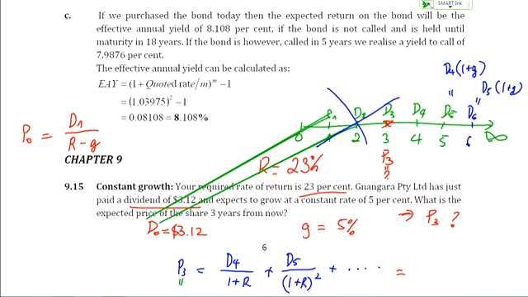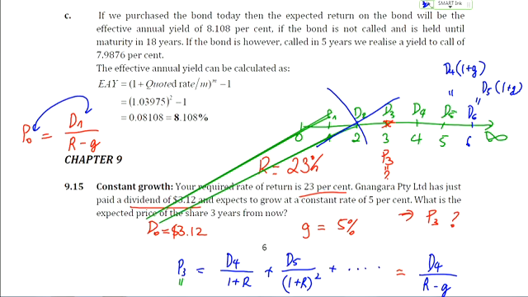How many periods difference here? 1, right? If you need P3, you need D4. Agree? Because if you look at the formula, we can calculate P0 from D1, so we can calculate P3 from D4. Agree? So it is equivalent to D4 over R minus G.